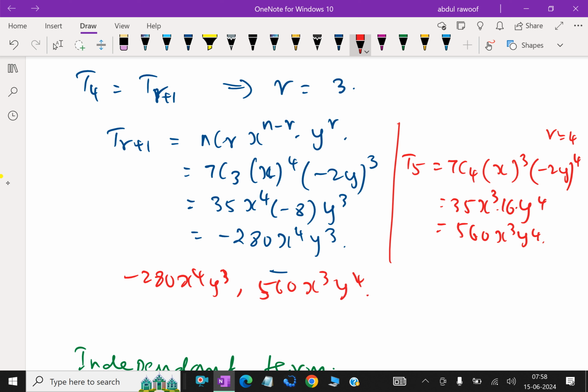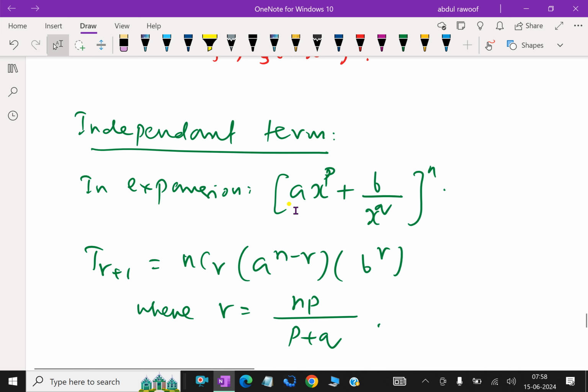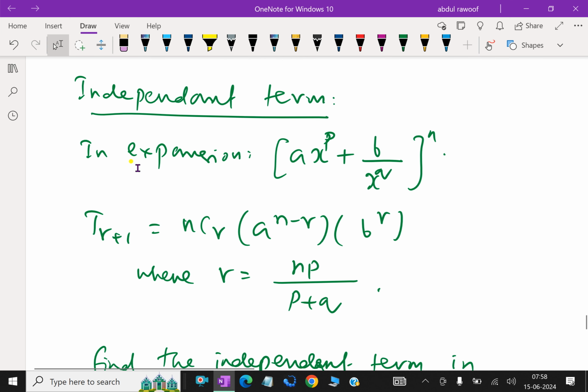Next is the independent term. What do we mean by independent term? If you expand any binomial expansion, if there is no variable, only the constant, that term is called the independent term. In the expansion of (a x power p plus b over x power q) power n, which is a binomial expression, we have to find the term independent of x.